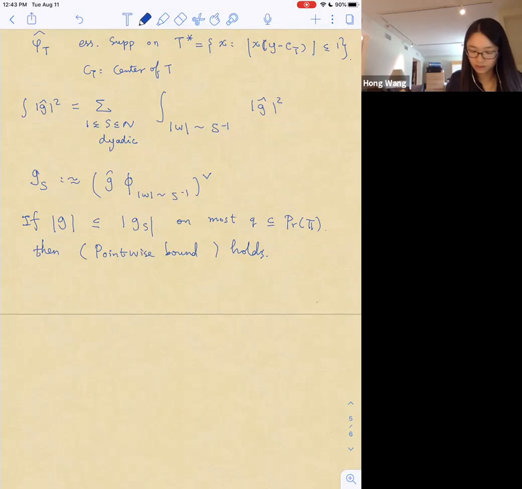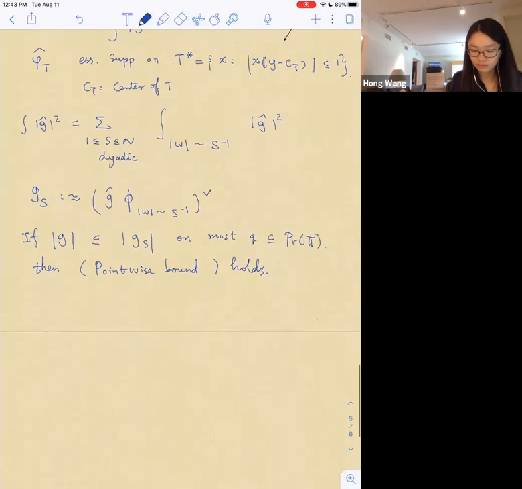For the rest of the argument, the argument for different frequencies is roughly similar. So we will focus on the highest frequency and leave the rest to the audience.